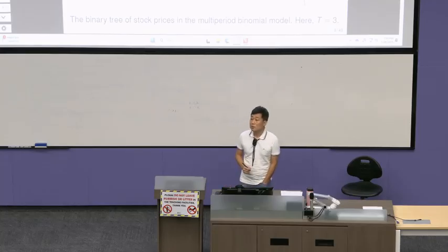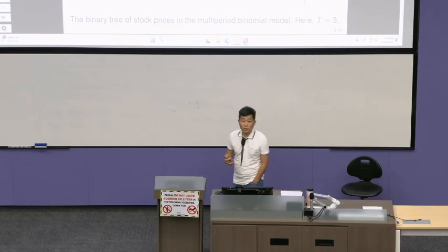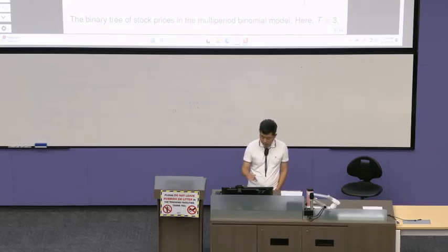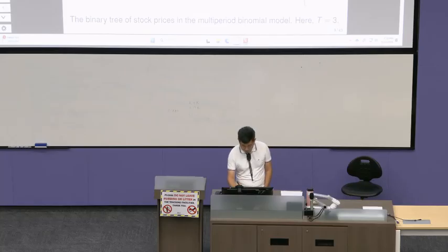So by the binomial model, you will be able to get the price for this node. And then if you look at this tree, you will be able to get the price for the second node. This is another binomial tree model.